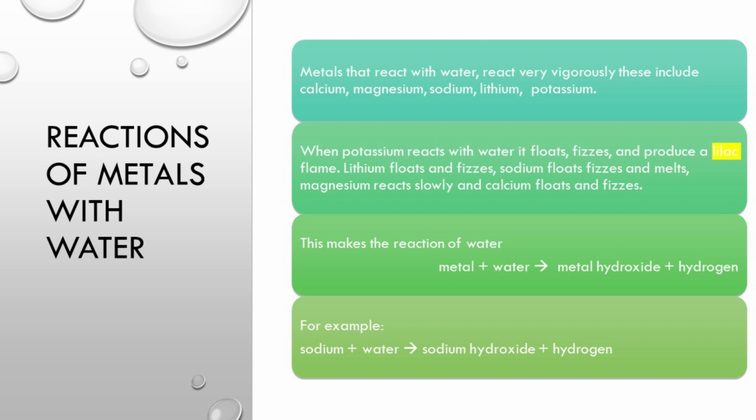Sodium floats and fizzes and melts. Magnesium reacts slowly, and calcium floats and fizzes. This makes the reaction of water: metal plus water goes to form metal hydroxide plus hydrogen. For example, sodium plus water goes to form sodium hydroxide plus hydrogen.